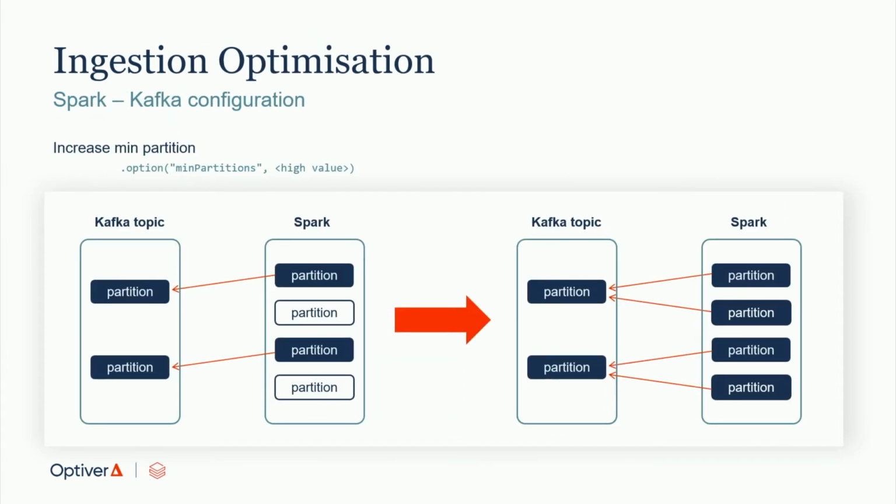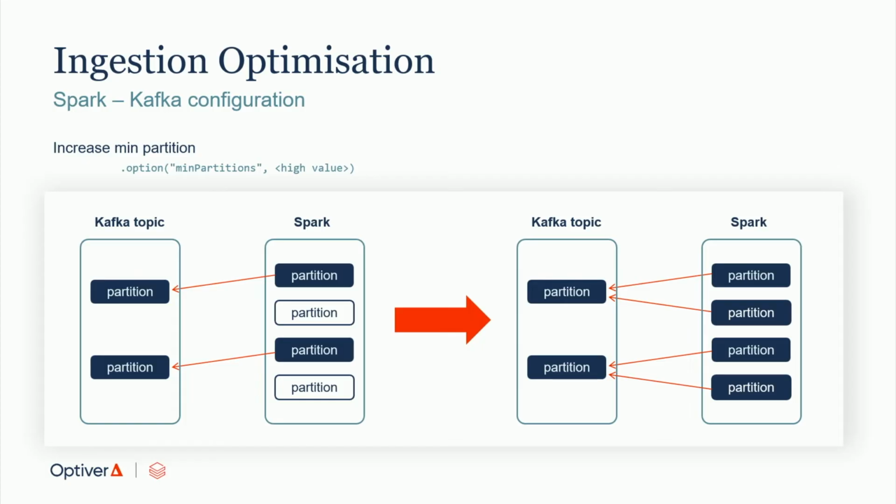We also invested a lot of time to optimize Spark configurations. One of the first changes we made was to increase the minimum partition value. By default, Spark would map each Kafka topic partition to one Spark partition.